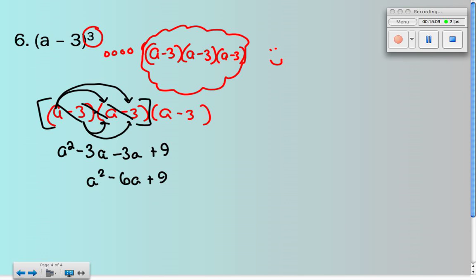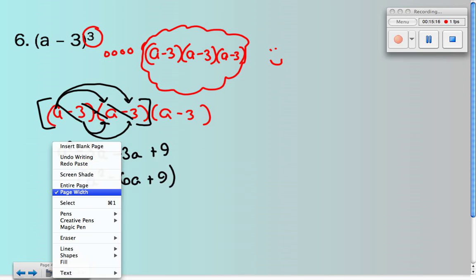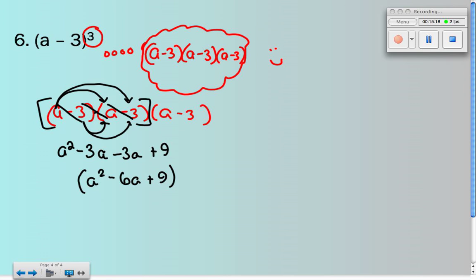I still have to take this and multiply it by a minus 3. Okay, let's start doing this. Let's distribute. A squared times a is a cubed.